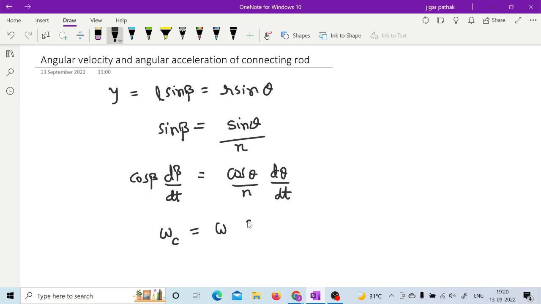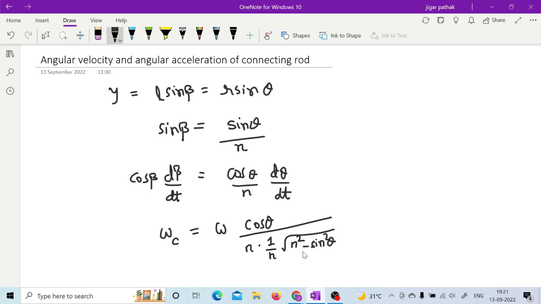So omega c can be written as omega cos theta divided by n, and this cos beta we have already calculated in the previous calculation, that it is given by 1 upon n under root n square minus sine square theta, right?